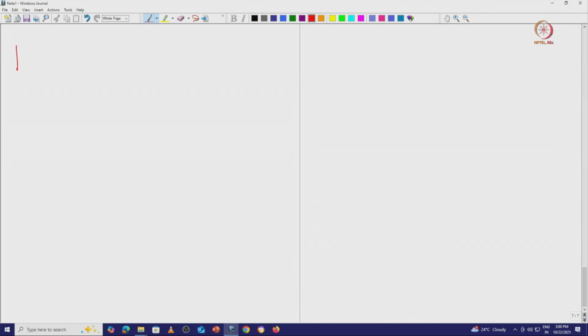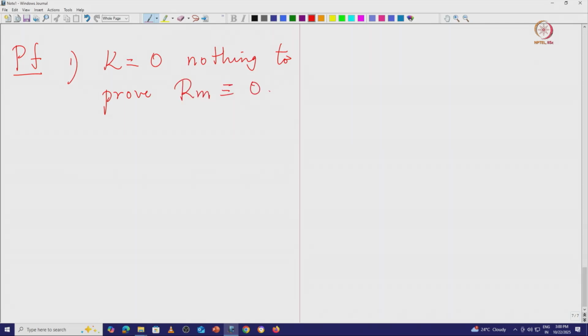Okay, so let's do the proof of the proposition. Firstly, when kappa is equal to 0, nothing to prove, since Rm is identically 0 on Euclidean space, we have already established that. So let us first assume that kappa is positive.